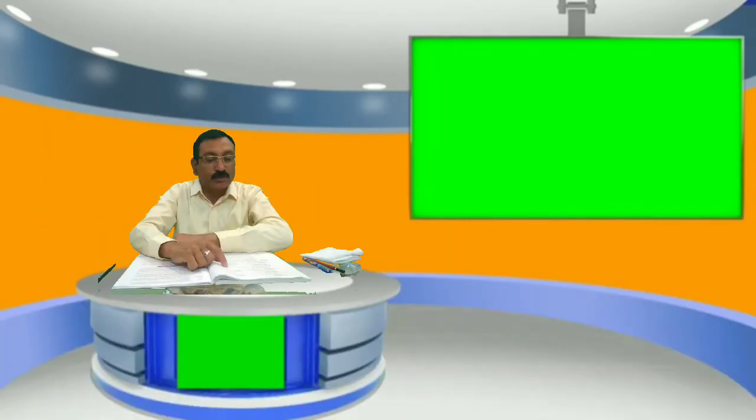The next point is interrupting. Suppose somebody has expressed his or her opinion on the particular topic, the group discussion is going on, and you are not in agreement with the opinion expressed by the other participant.